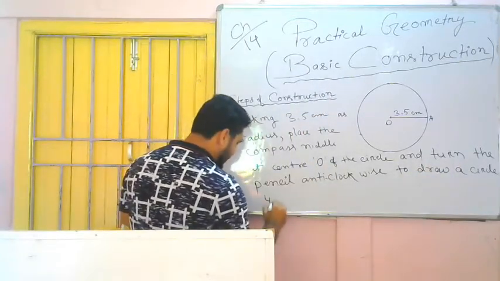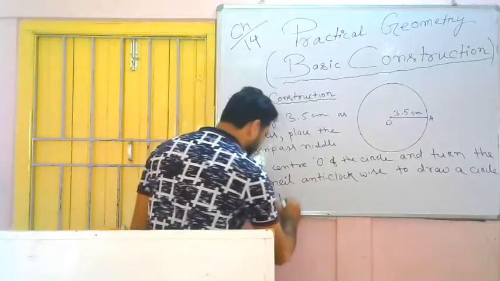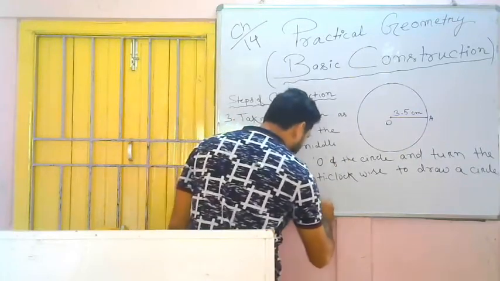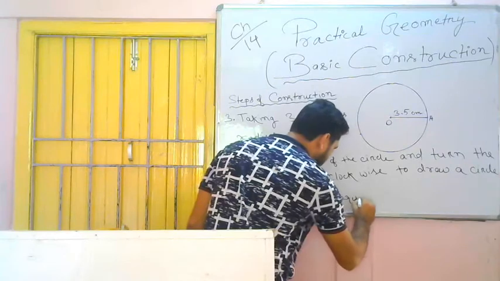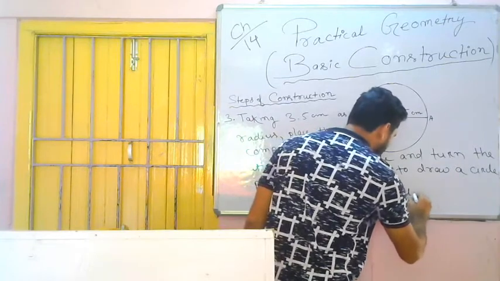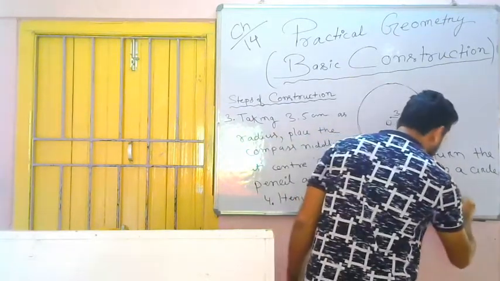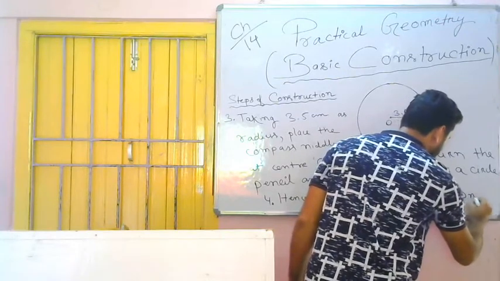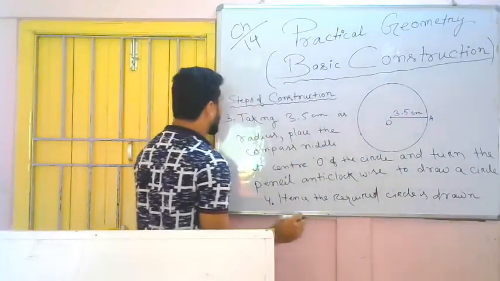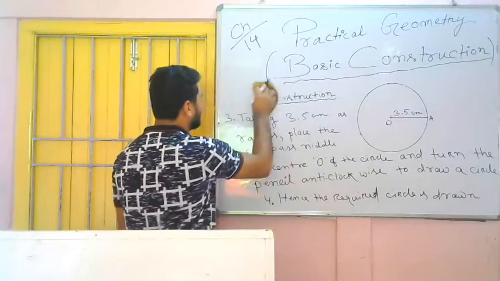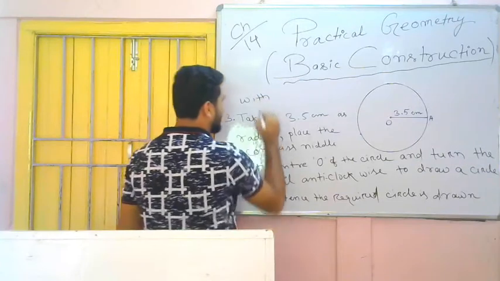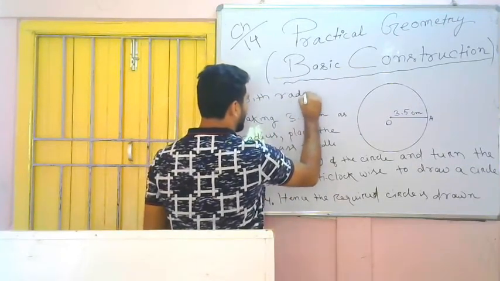So write number 4: hence the required circle is drawn with radius r.